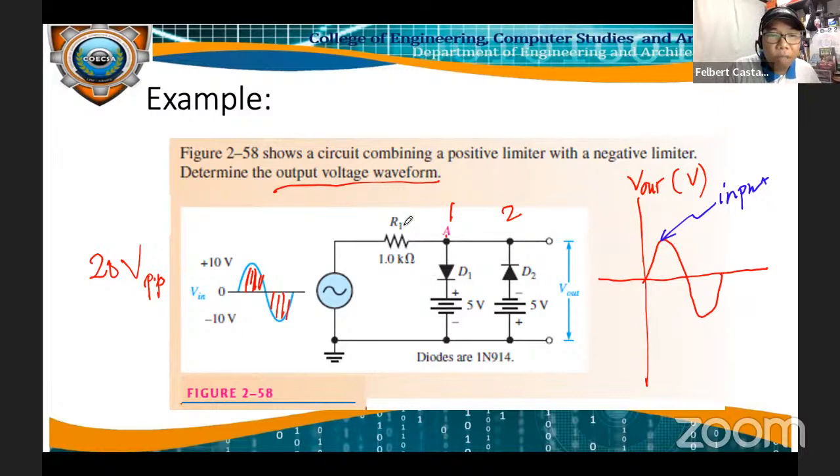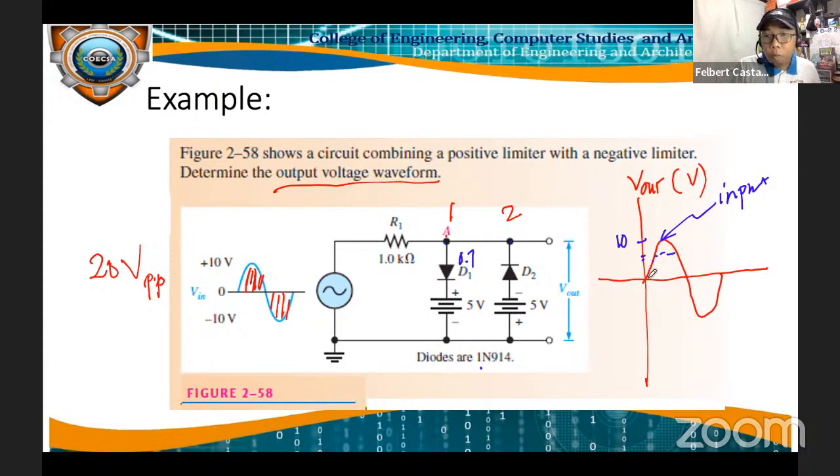During the positive half cycle, this is open. So the voltage you read from point A to ground is positive 0.7 plus 5, that is 5.7. The level here is 10 volts, right? So where is the 5.7? If this is 5, then somewhere here.